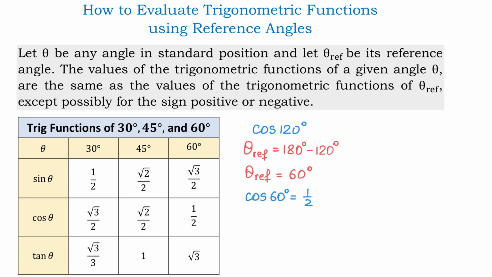This means that if cosine of the reference angle is 1/2, then cosine of 120 degrees is also 1/2, except we need to figure out if we need a plus or a minus in front.